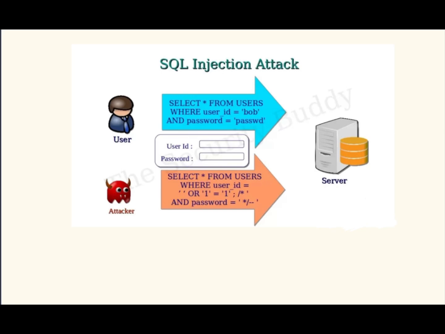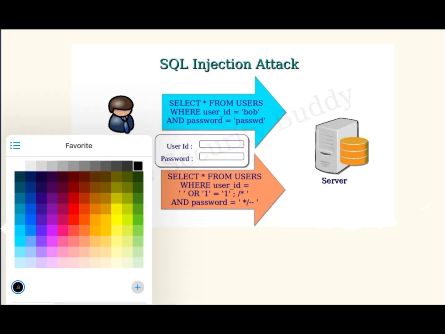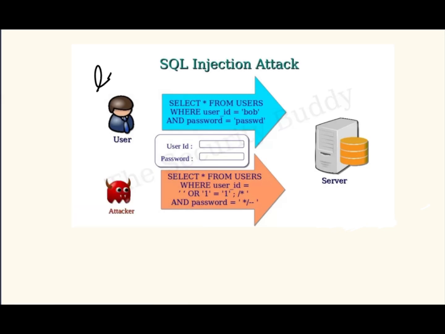So here in this diagram, you can see this is our legitimate user above here, and here is the attacker.